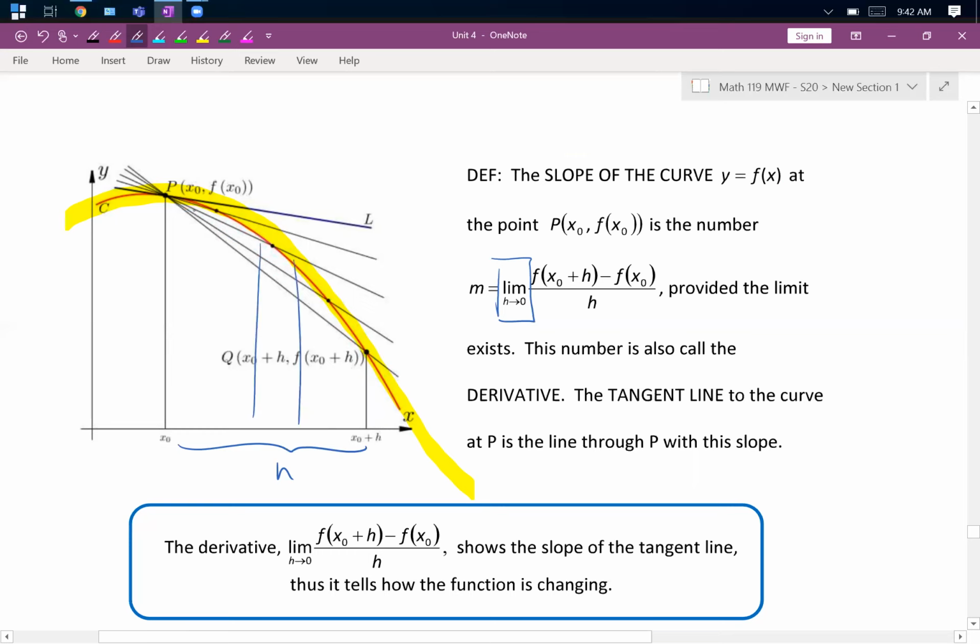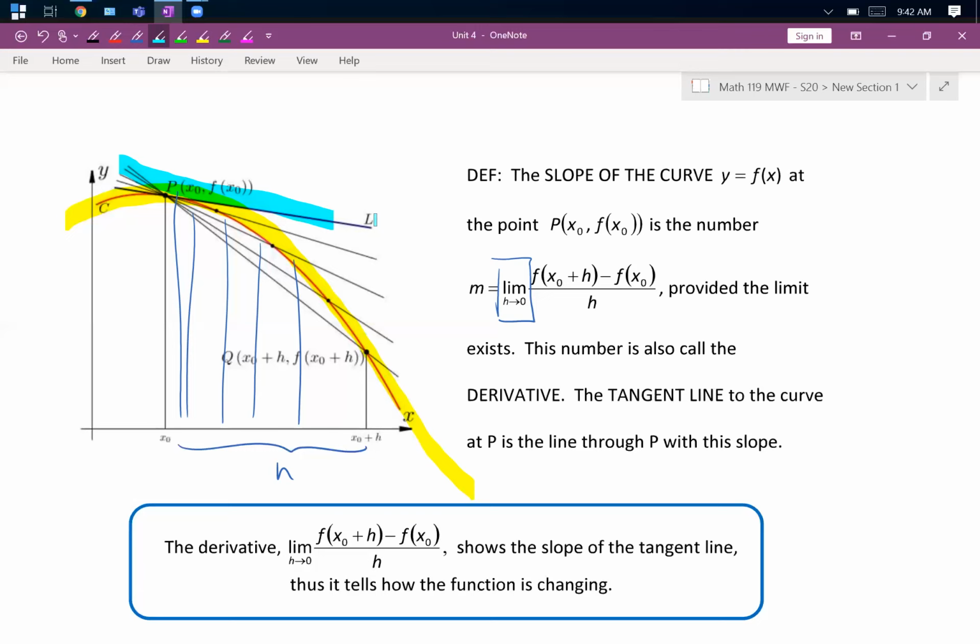Well, if we take the limit as h approaches 0, then we make h smaller and smaller and smaller until it's practically 0. So when it's practically 0, the 2 points are like on top of each other, and the secant line actually becomes a tangent line. And I need you, when I say tangent, to get out of trigonometry and get into geometry. A secant line, by definition, is a line that hits a curve in 2 places.